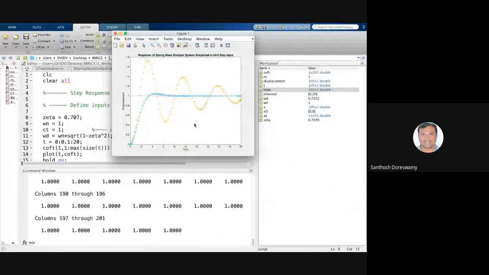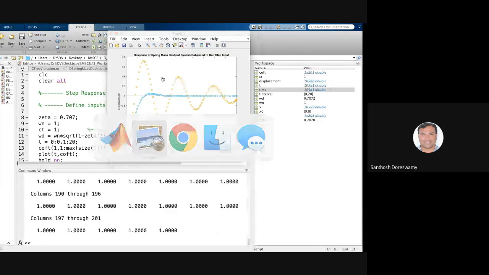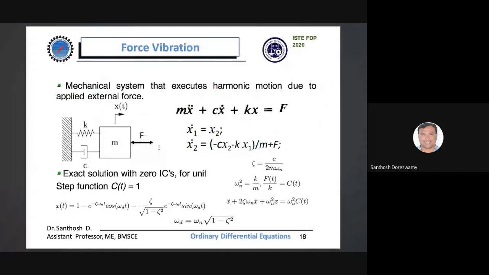For zeta equals 0.707, you can think of that as the optimal solution for the displacement. If you increase zeta a little bit, then your system response will become slower and slower. So this is also an example of how you will solve a second order differential equation for a spring mass dashpot system subjected to a unit step displacement.